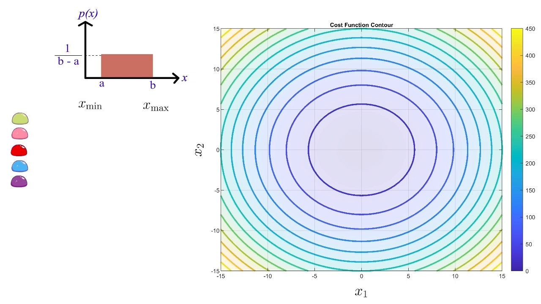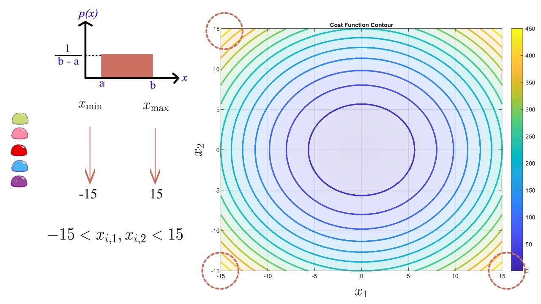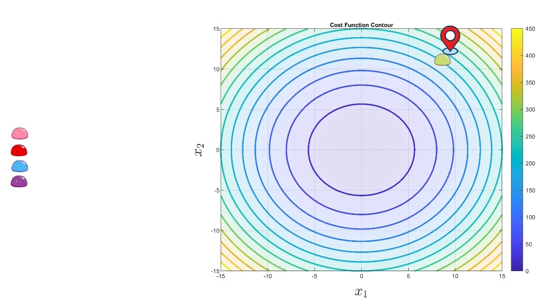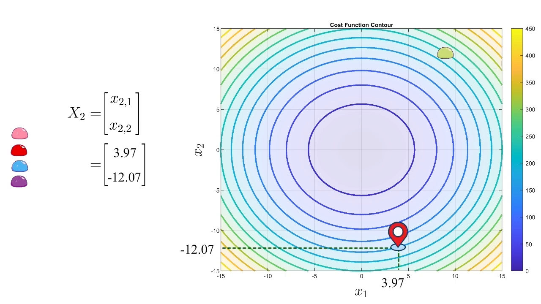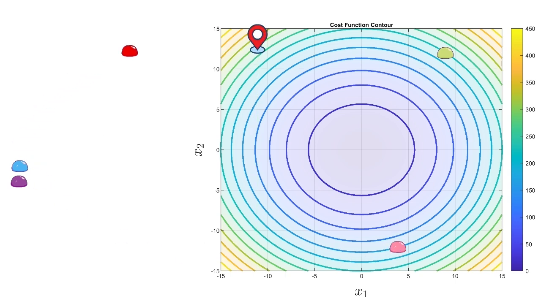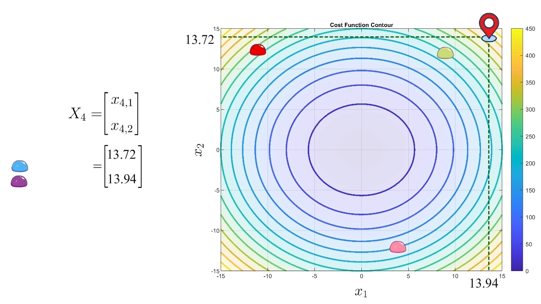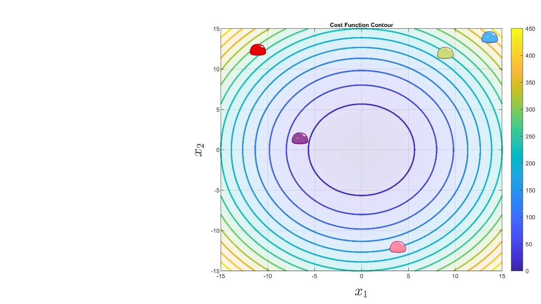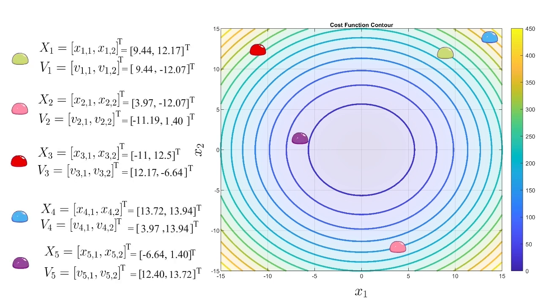In our problem, the position of each particle is initialized uniformly in the range of -15, 15. Each particle's velocity is also randomly initialized within the same range.